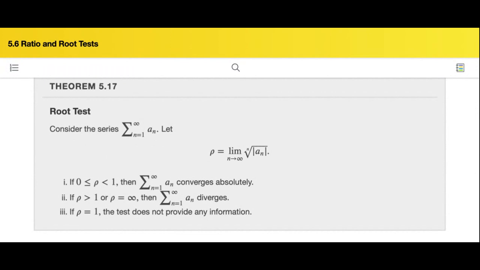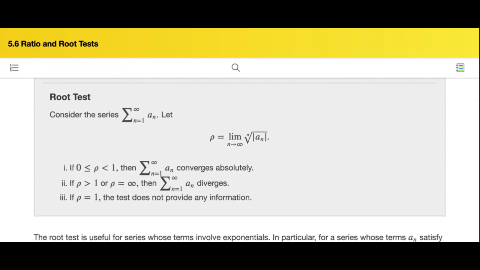So we take the nth root of that. Now we have three situations. If the limit is less than 1, then the series converges absolutely, similar to the ratio test. If rho is greater than 1 or rho equals infinity, then the series diverges, same as the ratio test. Third, if rho equals 1, the test does not provide any information, so it's inconclusive.